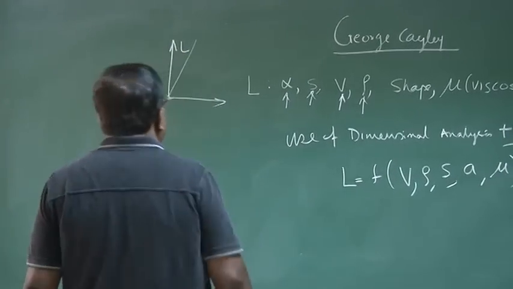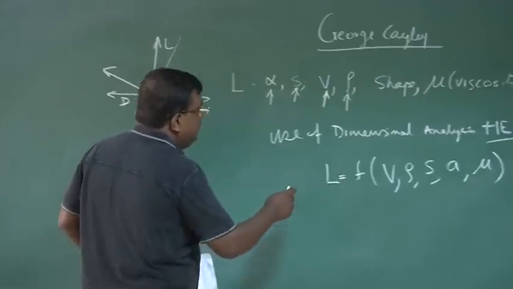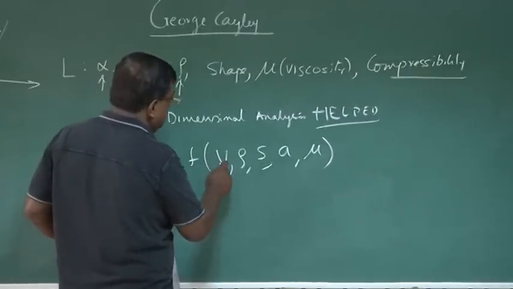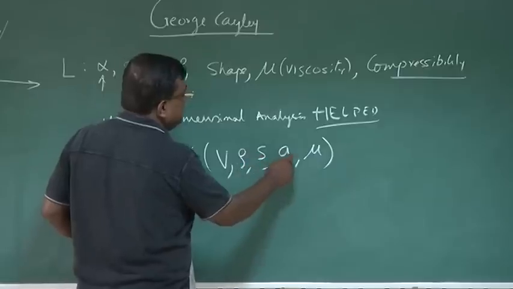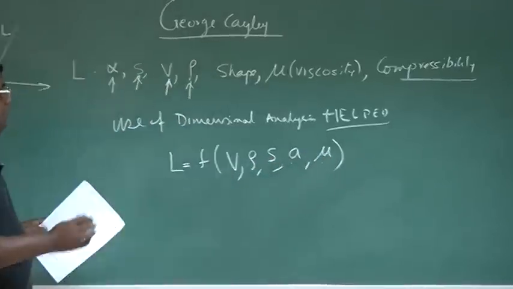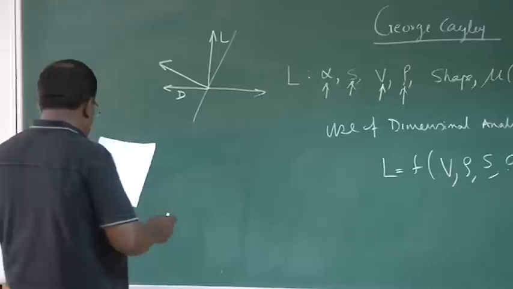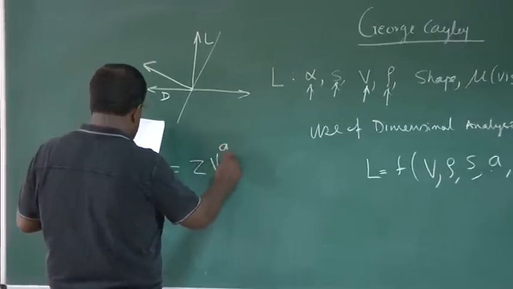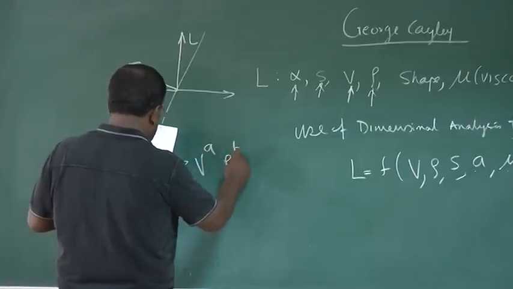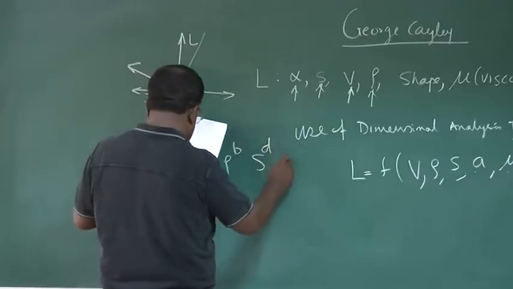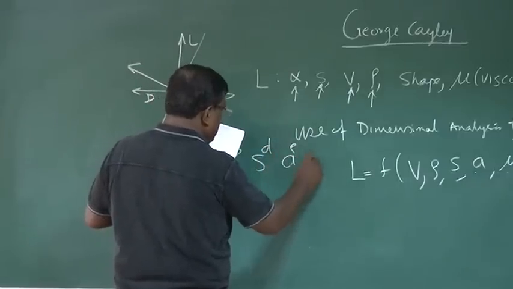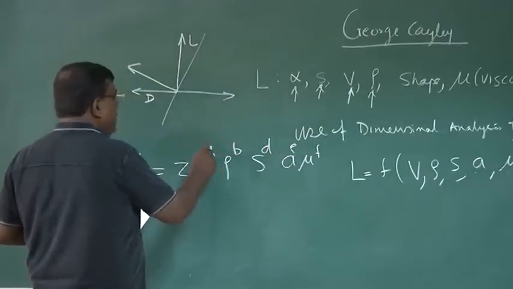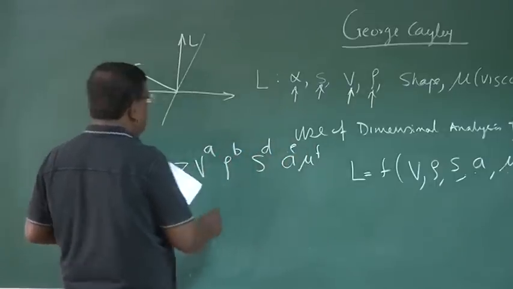We know the dimensions of lift, speed, density, area, etc., and we compare them. Before doing that, we wrote L equal to Z, V to the power A, rho to the power B, S to the power D, A to the power E, and mu to the power F. These exponents A, B, D, E, F are all constants.